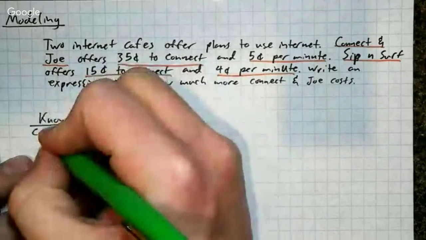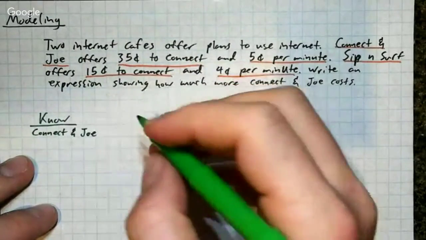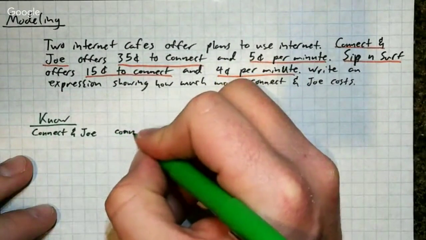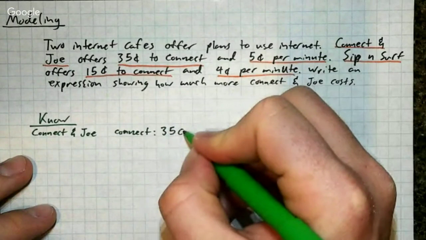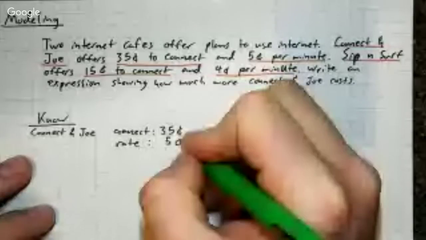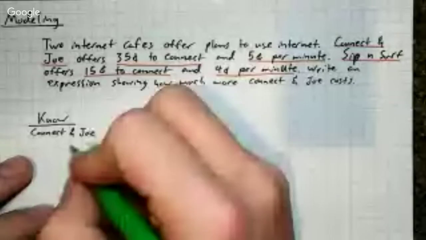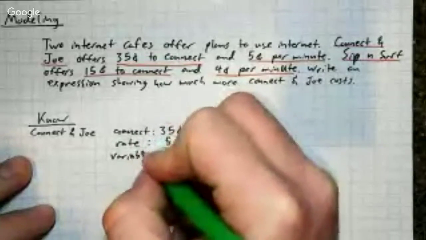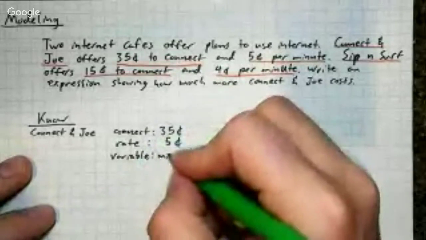We know the place called Connect and Joe. We know what it costs to connect, 35 cents. We also know the rate. That is 5 cents. And we know what the variable is. The variable is minutes.